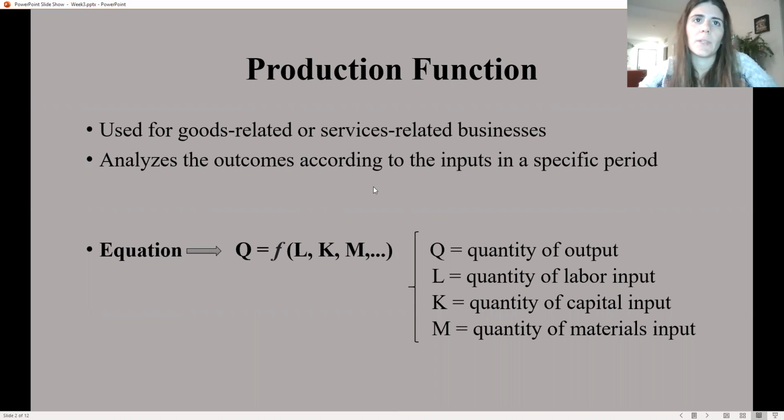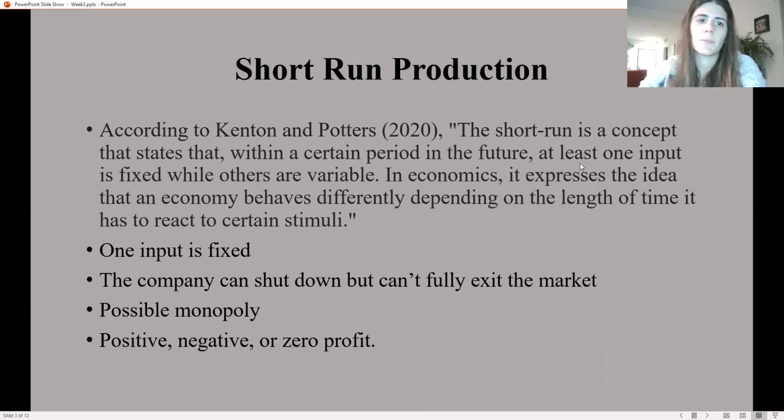The general equation to determine the quantity of output is described as Q equals a function of labor, capital, and material, and whatever is related and can influence the result of the output.